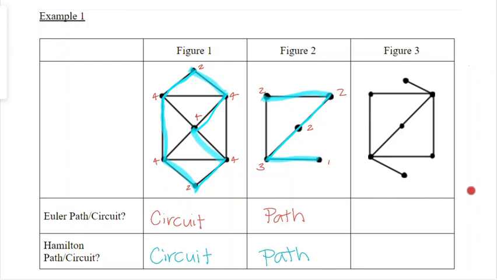What about figure 3? Let's look at the vertices and their degree. Again, I have exactly 2 odd vertices, so I do have an Euler path. What about a Hamilton path? Again, I'm going to start at one of the vertices with degree 1.